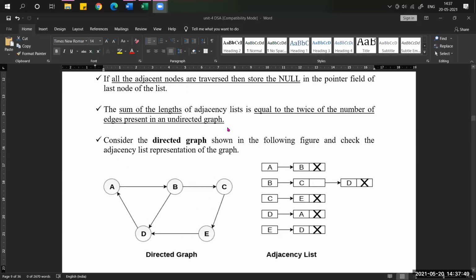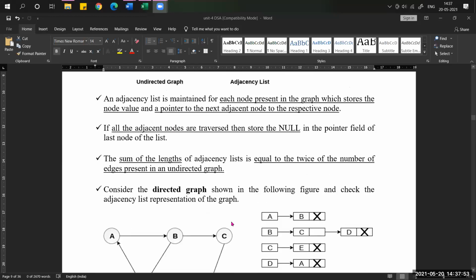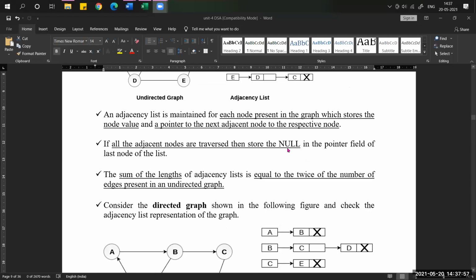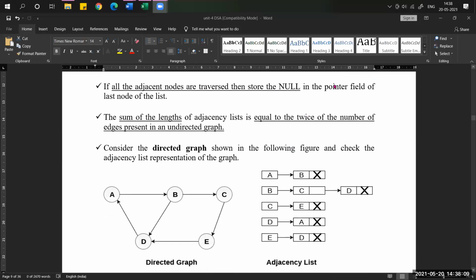So last we discussed an undirected graph, and here we discussed a directed graph. Wherever we kept null, it is because we have traversed all the nodes from that particular vertex, so we keep null at the link field, or pointer field.